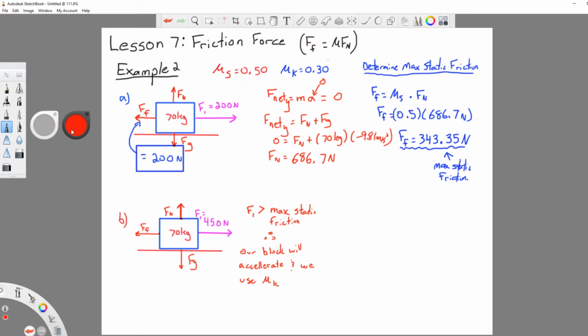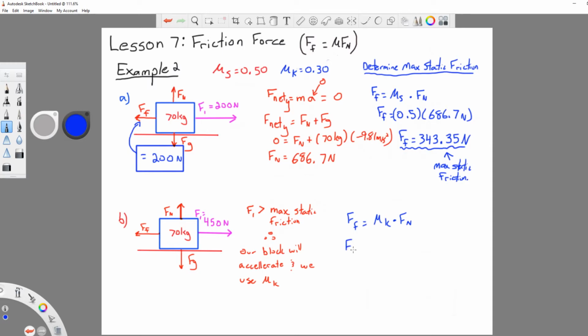All right, well, let's do the math on that then. Figure out this coefficient of kinetic friction. Let us do force of friction is equal to now the coefficient of kinetic friction times the normal force.